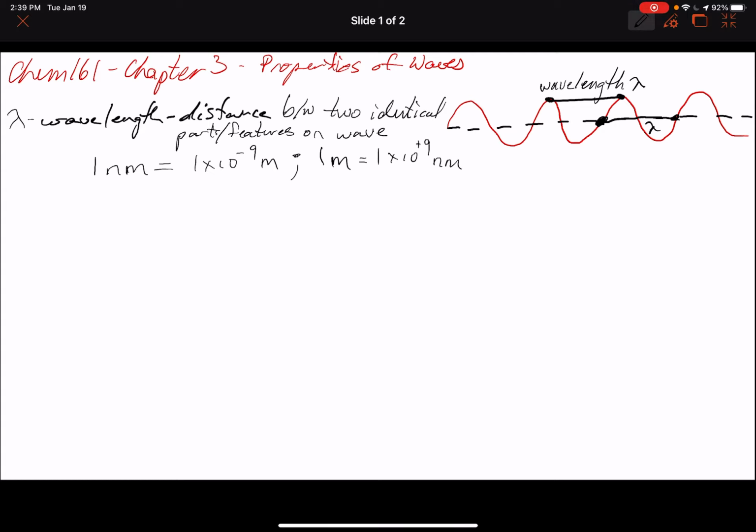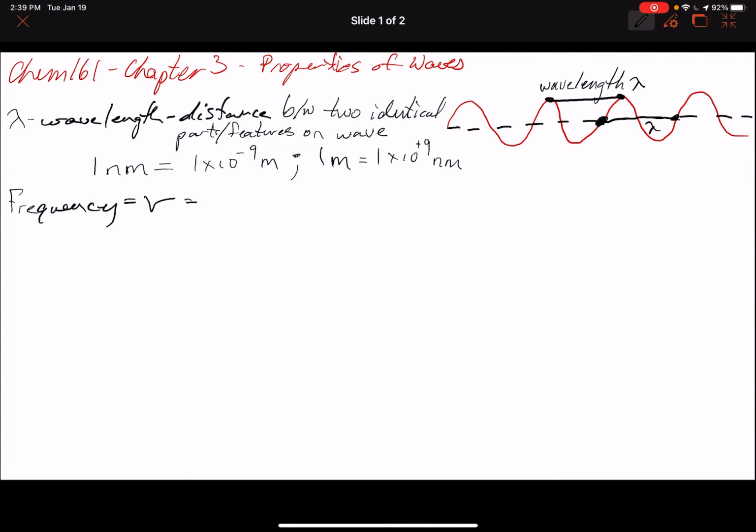Okay. Now also another metric we have for this wave is that this wave likely would be passing through this distance on our screen here over a certain amount of time. So we have the idea of frequency. Okay, so we'll put frequency next here. Frequency is given the symbol nu. It looks like a tilted italics v, nu.